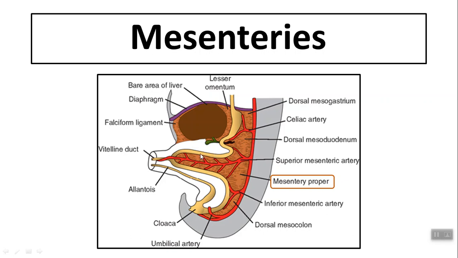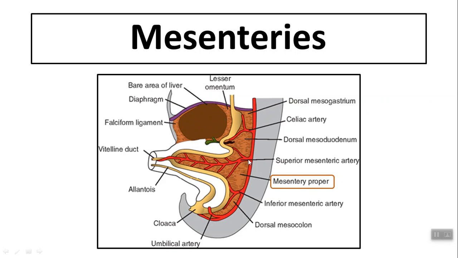And also we can see how the mesentery fixes the gut tube or different gut organs, the stomach, small intestine or large intestine, to the posterior abdominal wall, or attaches the liver to the anterior abdominal wall or to the stomach.